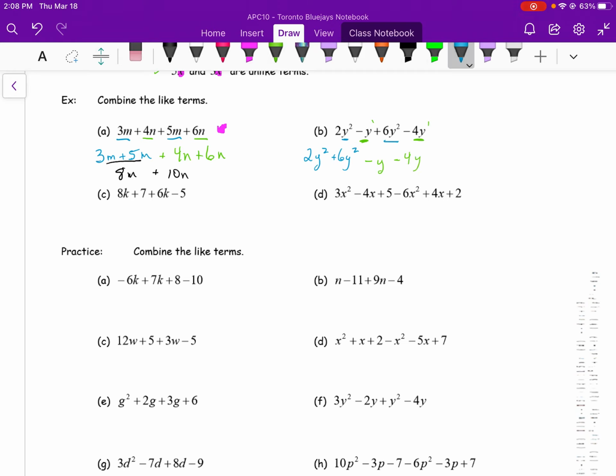Now it's really important when I'm taking a look, I know that when I combine y squared terms together, my variable along with my degree will be y squared. 2y squared plus 6y squared is going to yield 8y squared. Minus y minus 4y, well, remember that this is really minus 1y. Minus 1y minus 4y is going to be minus 5y. And there we have it.